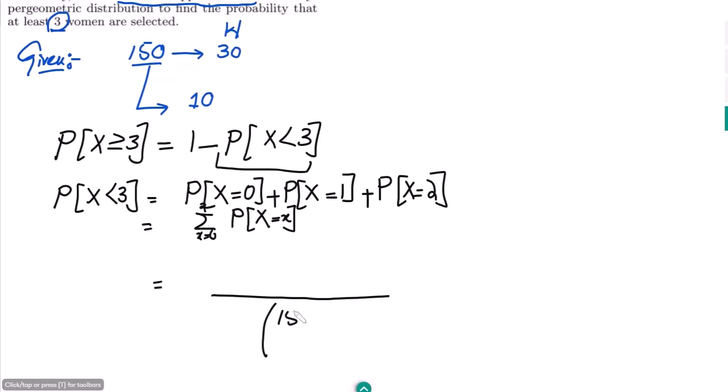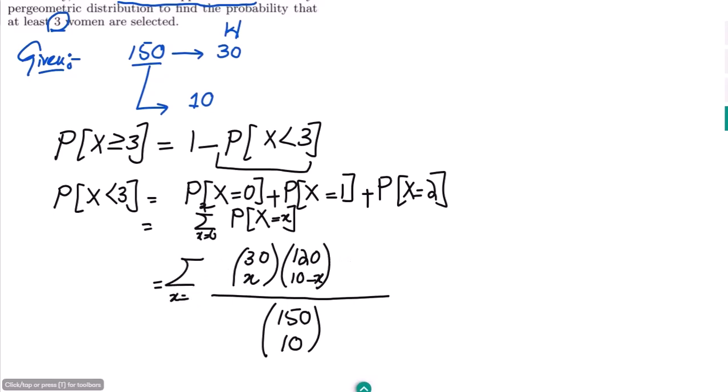From it, the total number of items is 150. Out of them 10 are selected. If I want to find the number of women out of these 10, the number of women in the total number of items is 30. From it, I select x items. And the remaining items, the men, are 120, and the remaining selected items would be 10 minus x, the total number selected minus the number of women selected.